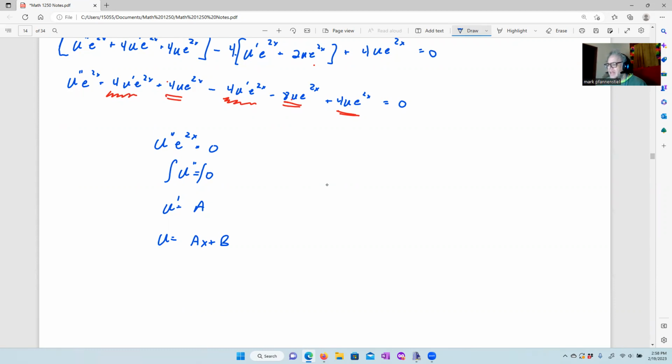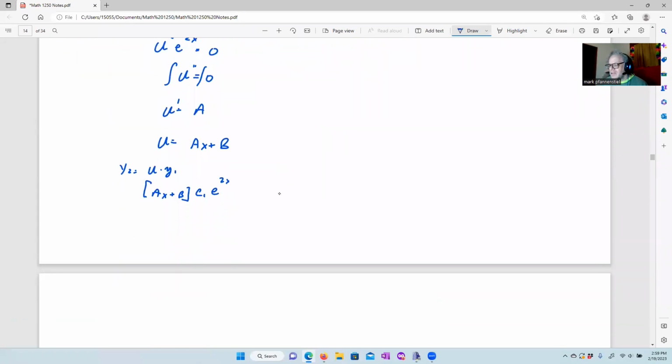Now remember what my first equation was. We said y2 was equal to u times y1. So we've got ax plus b, and y1 was c1, that was the constant, e to the 2x. If you're not used to differential equations, there's a lot of abuse of constants that goes on here.